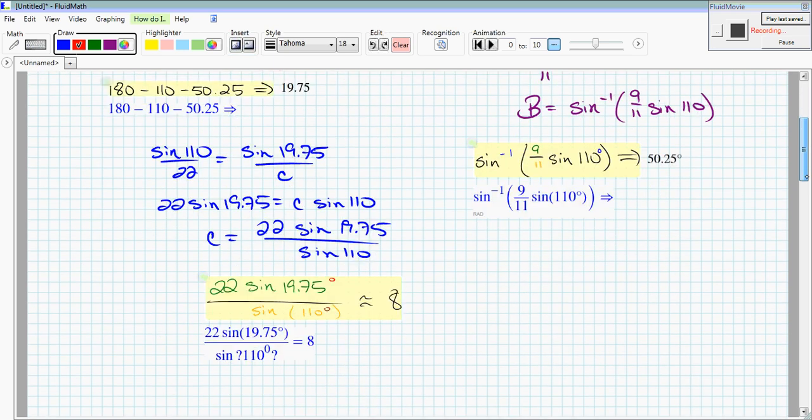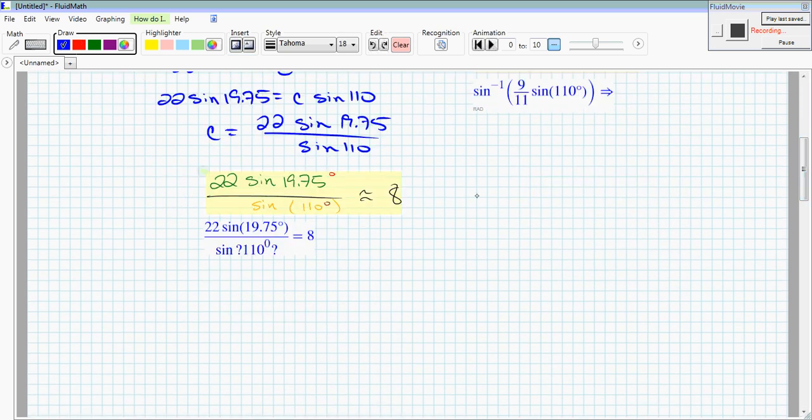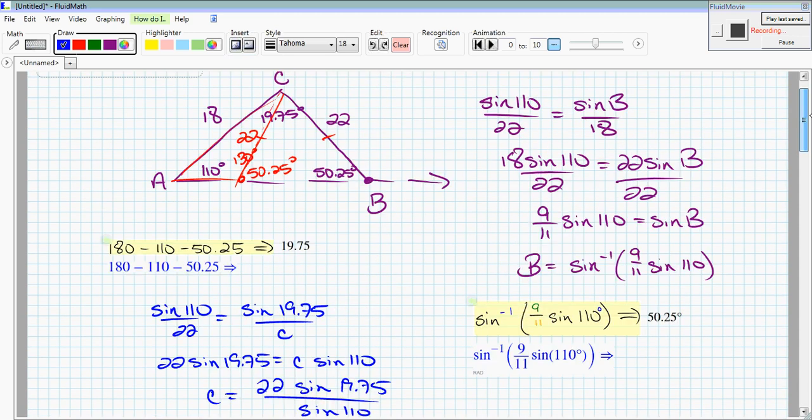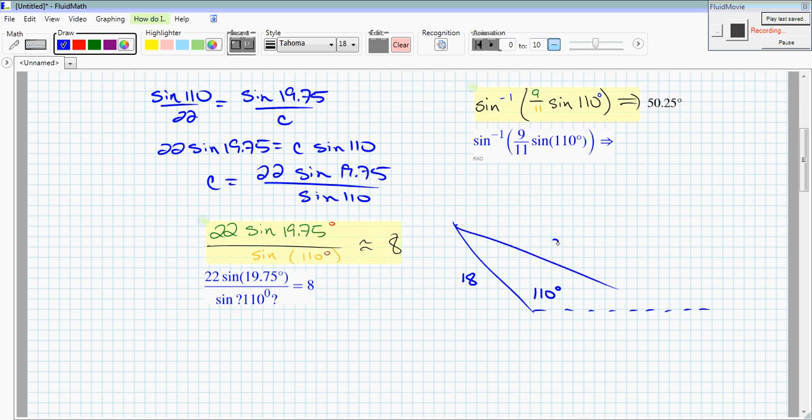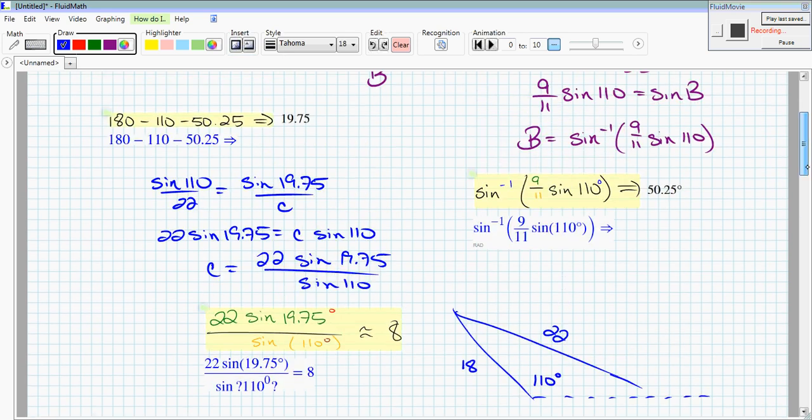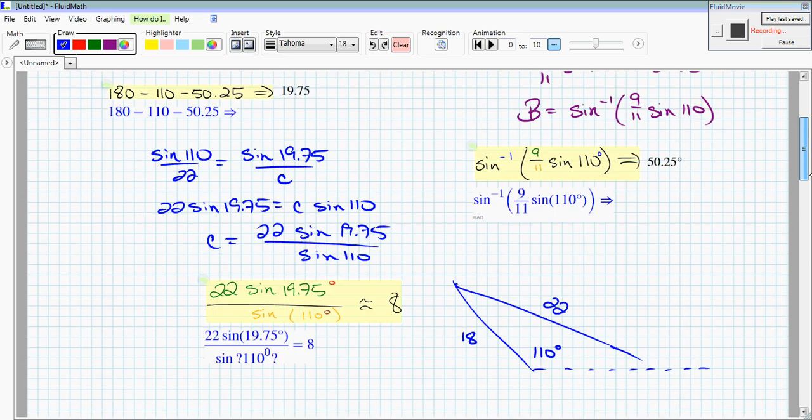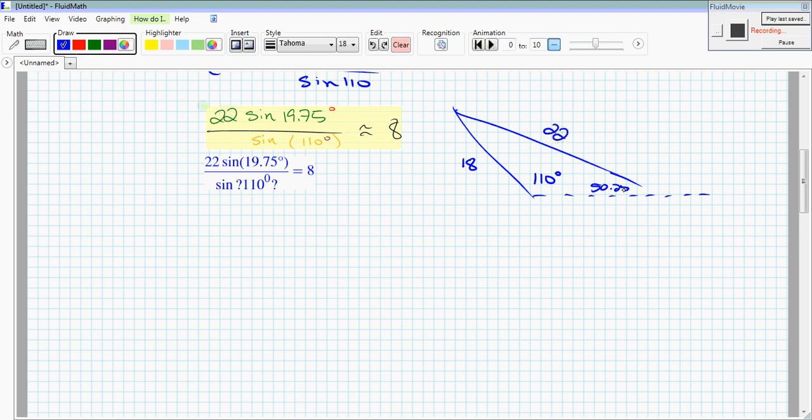Now, if you were to draw this somewhat to scale, and this dotted line represented the third side, and this was 110 degrees, and this was 18, and this was 22, we know that the only triangle that could be made here would be if this angle here, B, which we found was approximately 50.25 degrees.